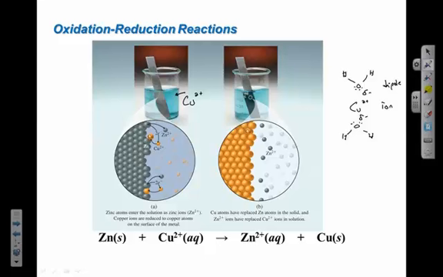And that forms a deposited layer of copper atoms, because once the copper, which was positive, picks up two electrons, it's not positive anymore. And if it doesn't have a charge, its attraction to water molecules is not going to be very strong. So the water molecules won't really surround the neutral metal atom.